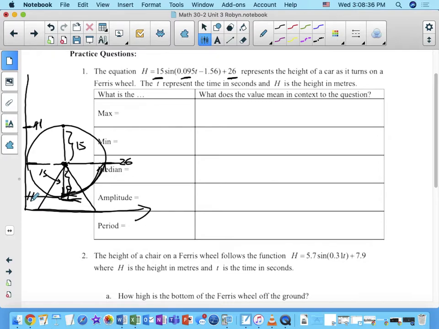We got our maximum. The maximum is 41. What does that mean in the context of the question? If you were describing to someone what that would look like in this context. Yeah, it's the top of the ride, right? It's the max height of the Ferris wheel.